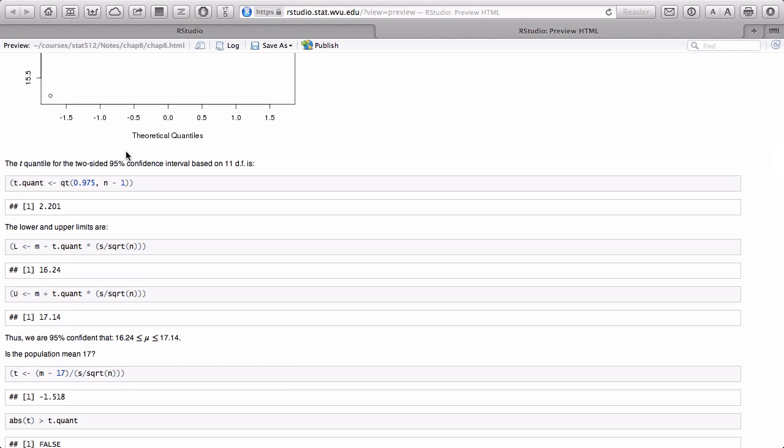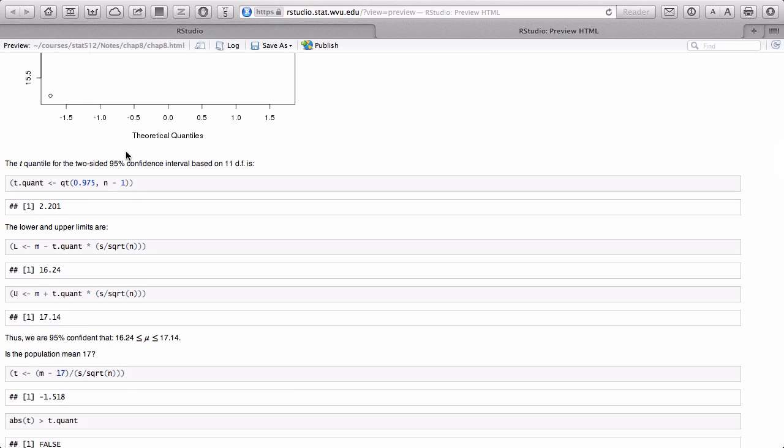Is that understandable? One of the things that's nice here is that you can compare what we do in R with the table in the back of the book or the computations in the book. And for the most part, that works. But there are some differences that do arise, and I'm going to point out those differences when we get to the non-parametric test in just a few minutes.